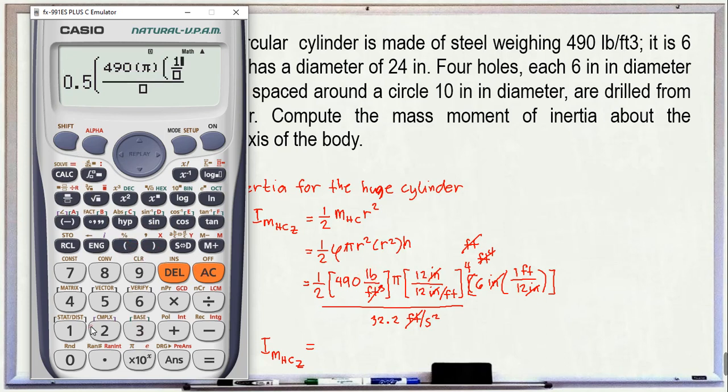Let's write it down. 12 divided by 12. That should be raised to the power of 4. Then, we still have here 6 times 1/12. Then, divide by g, 32.2. Okay. So, the answer is 11.95.